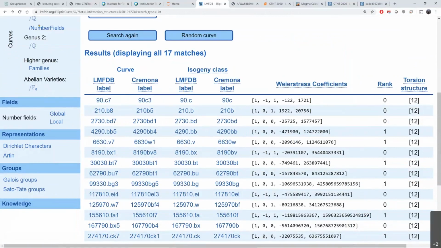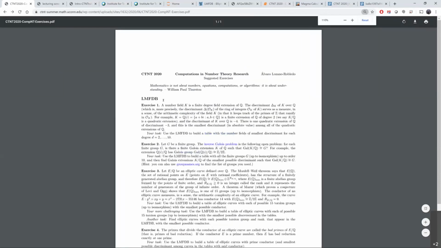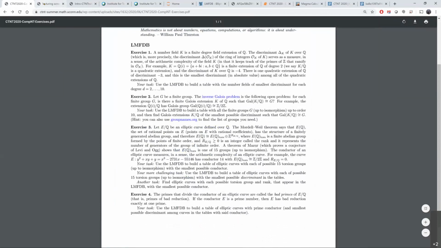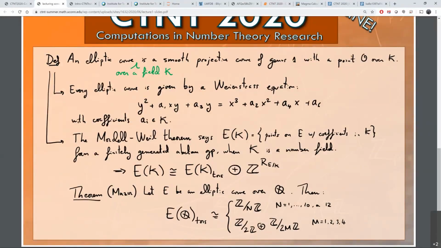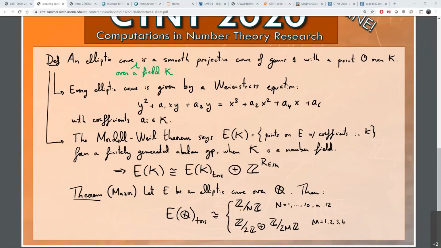All right, very good. So here is a problem that I have for you in the exercises. As I said, from Mazur's theorem, there are 15 types of torsion subgroups up to isomorphism.